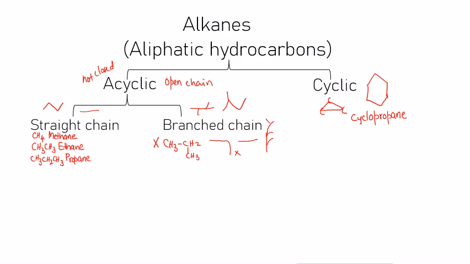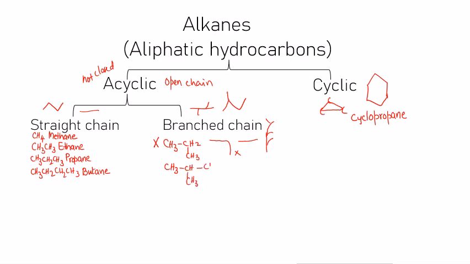Now let us try another example with the 4 carbon, CH3, CH2, CH2, CH3. So in this case, we know how to name it. The prefix is but, ane is the suffix, so butane. So in the branch chain, can we draw that? Let's try CH3 and we can put a CH here and a branch CH3 here.